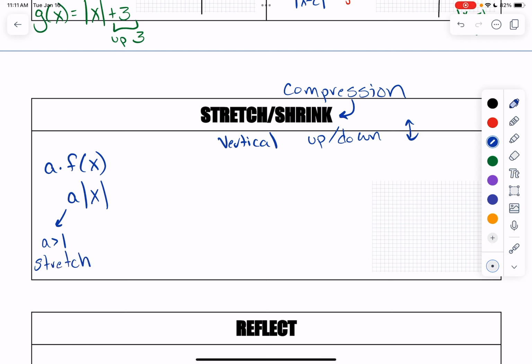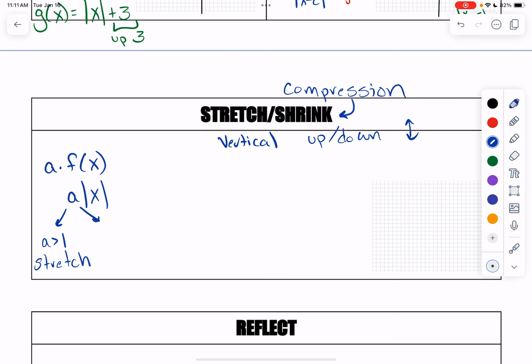For example, if it's 5 or 6 or 2 or 3. If your A is less than 1 but bigger than 0, meaning a fraction, it's going to shrink or compress.